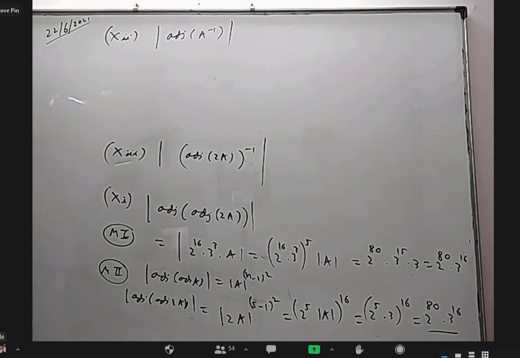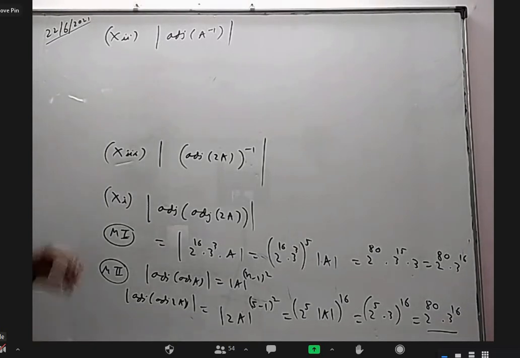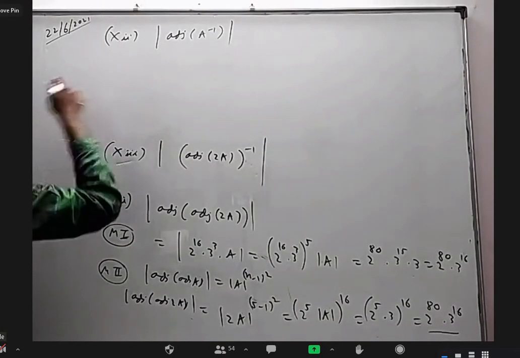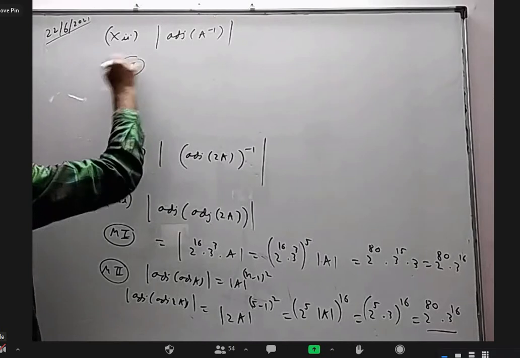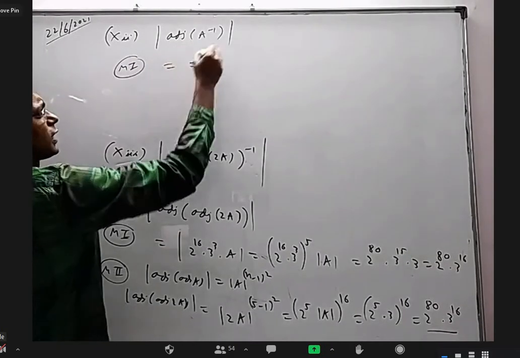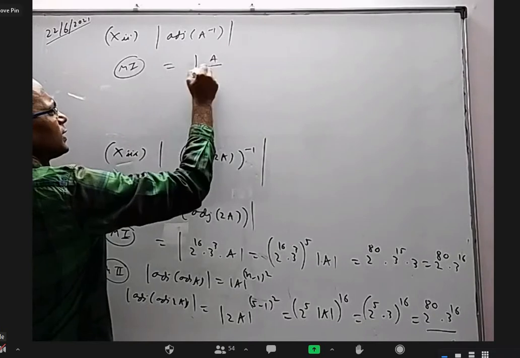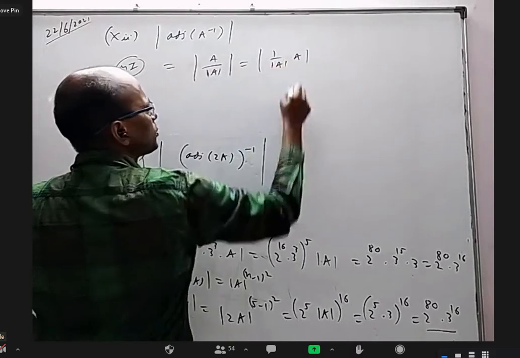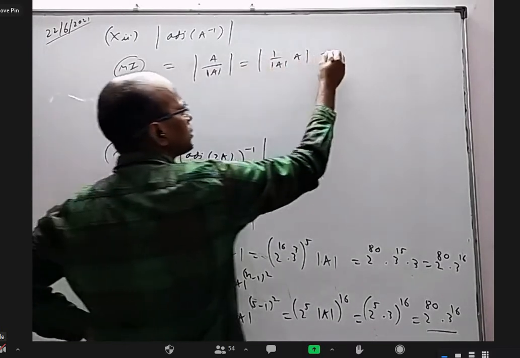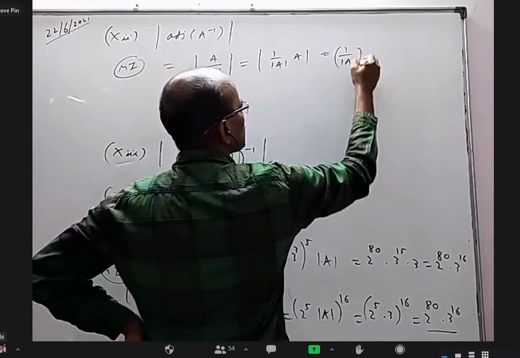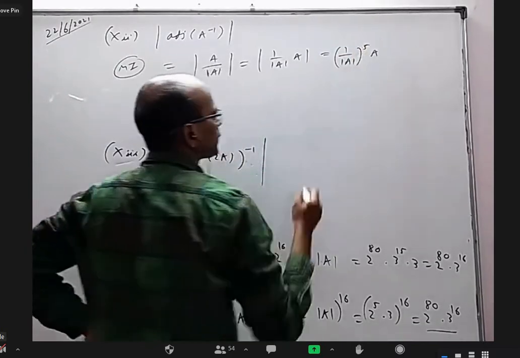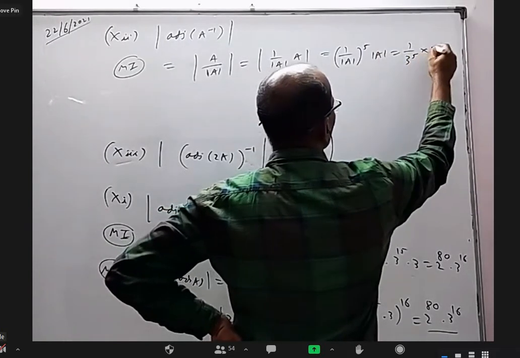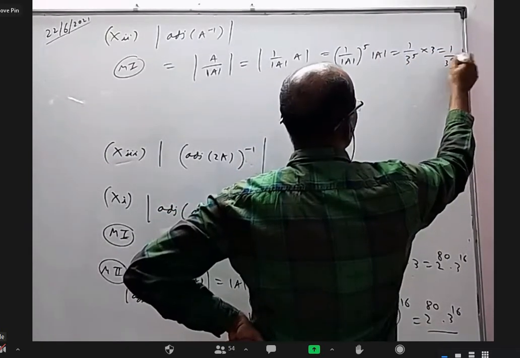So 1 by 3 to the power 4. Yes, correct. Method 1: directly, adjoint A inverse, we have a formula that it is A by det A. That is basically 1 by det A into A. A constant to A, you can take it out. We get 1 by det A whole power 5 into det A. 1 by 3 power 5 into 3, 1 by 3 power 4.